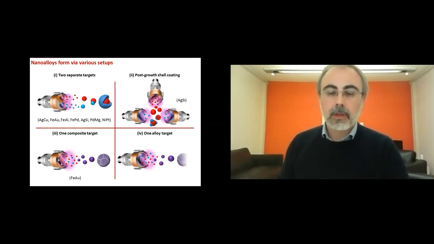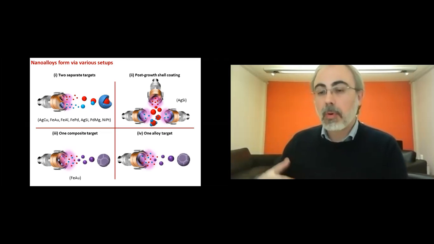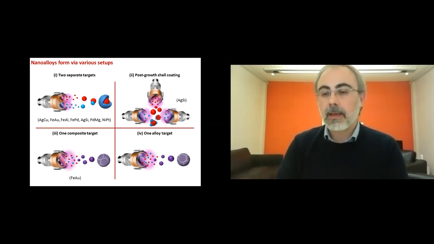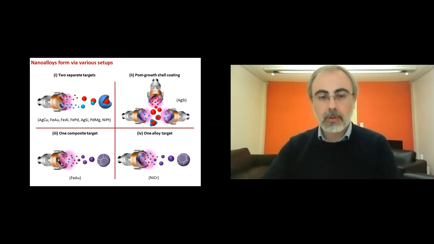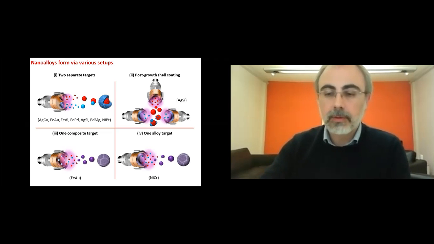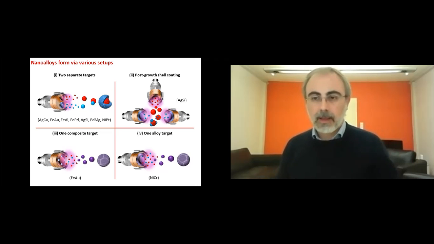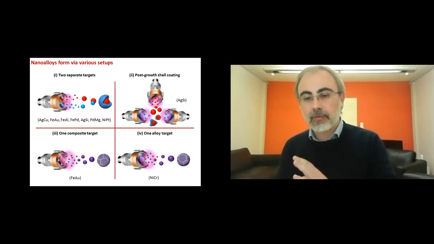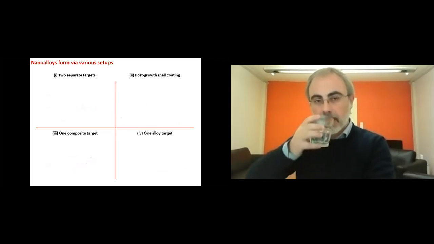The nucleation and growth happens at the same place for all the materials, and then the probability of having particles with an alloy or solid solution configuration is higher. That's why in both cases, the composite and the alloy target, I introduced the purple clusters just to indicate that the probability is higher. As I said earlier, it doesn't necessarily have to be like that, but the probability is usually higher for this type of configuration.